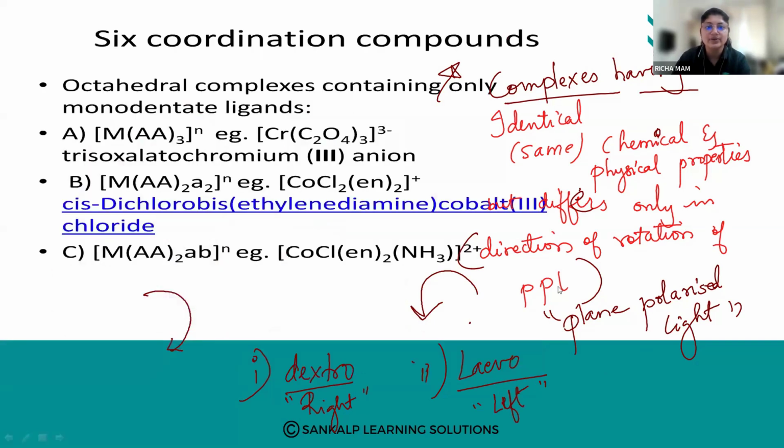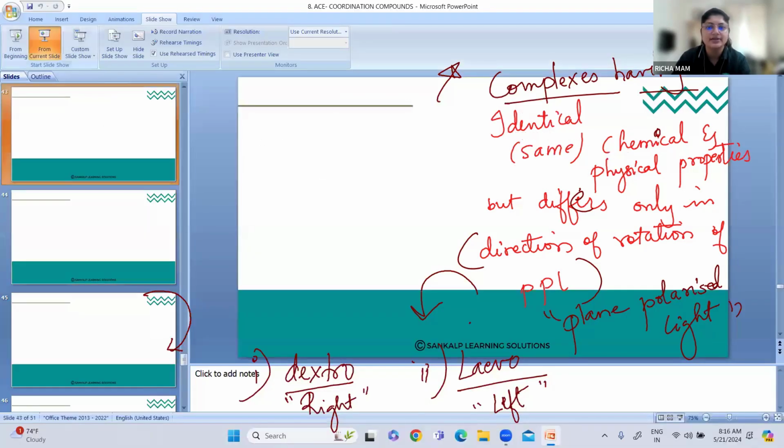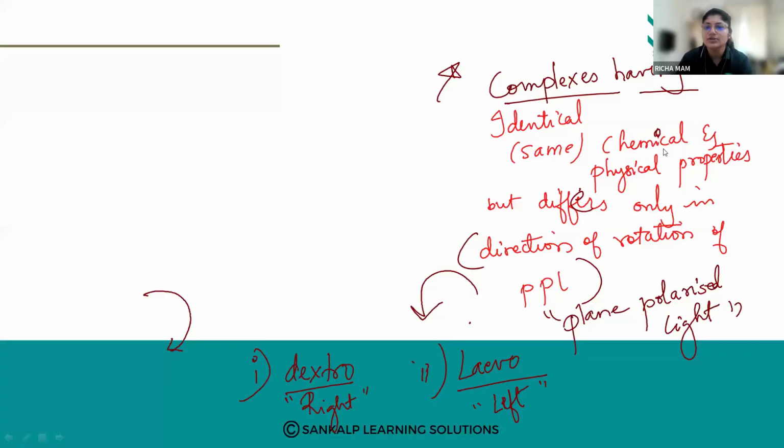Let me take a blank slide. There are two possibilities. The first possibility is tetrahedral complexes of the type MABCD.